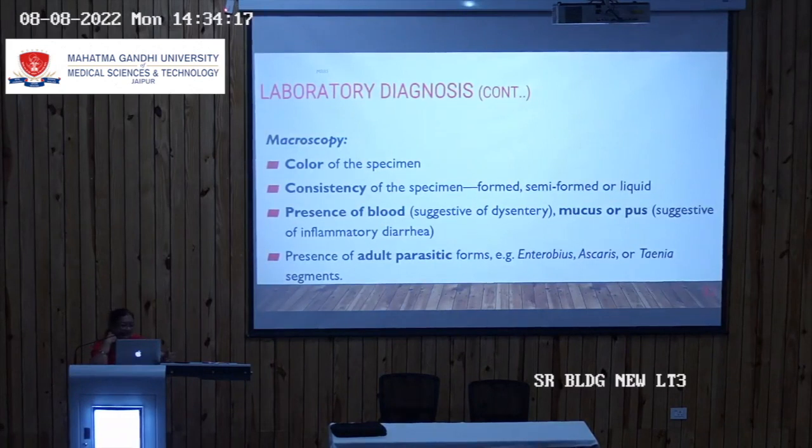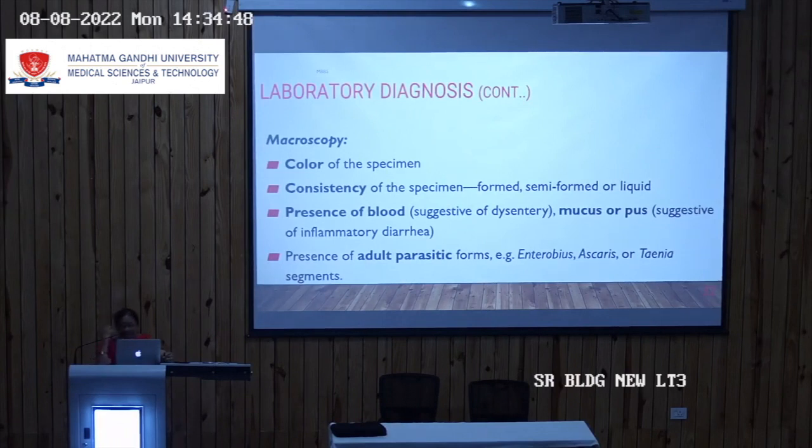In the lab, when the stool reaches the lab, macroscopic examination of the stool is done, in which the color of the specimen is seen. Color is important because it will let a person know whether it is hepatitis, in which the stool becomes clay colored, or it can be red, maybe because of blood.